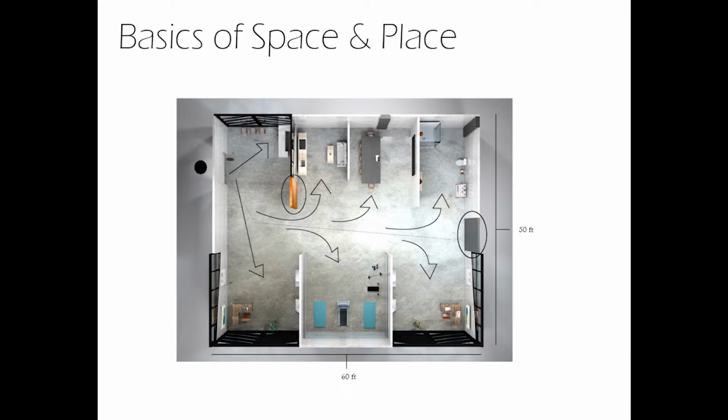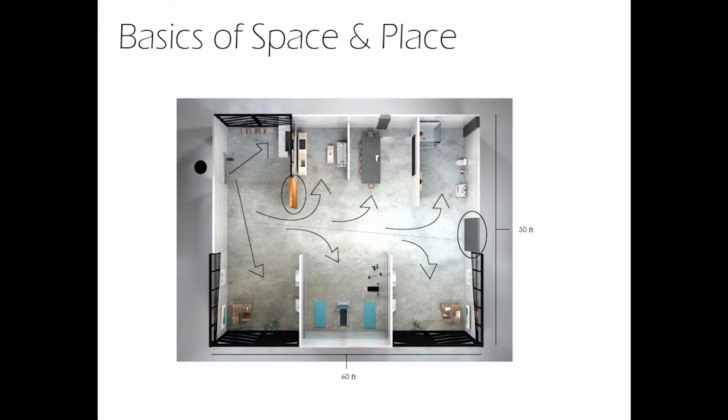The spatial texture of this office is smooth. There's a lot of concrete and metal and wood, but none of them are rough necessarily. And then the place: the function of this office is to be able to work on design and have clients as well as a coworker come and communicate about designing.